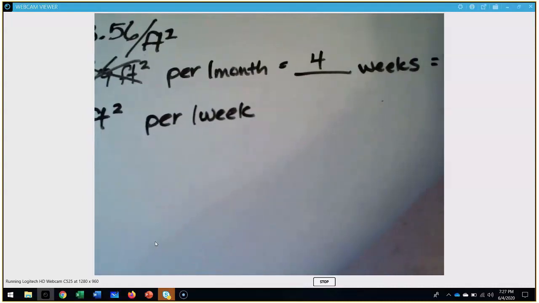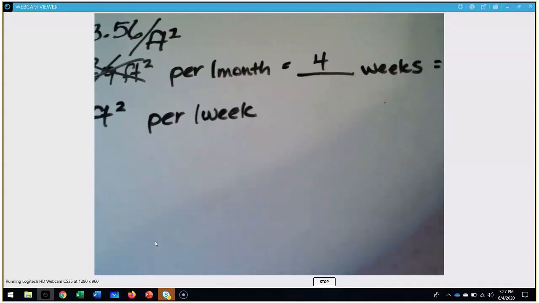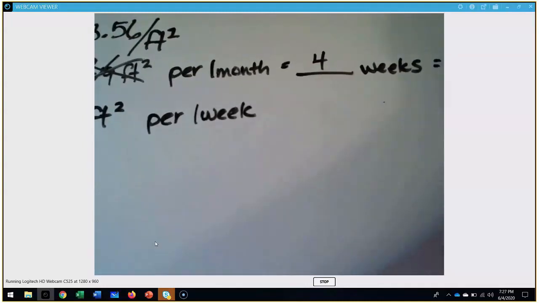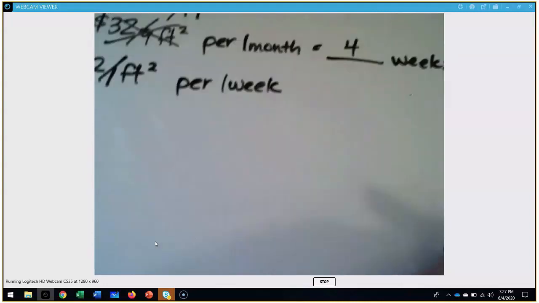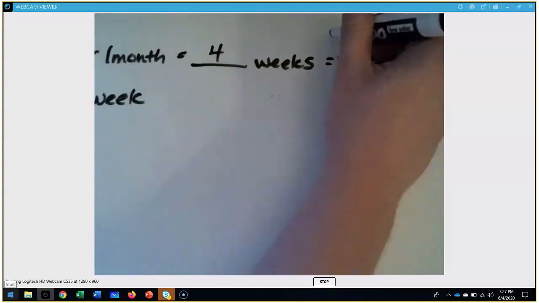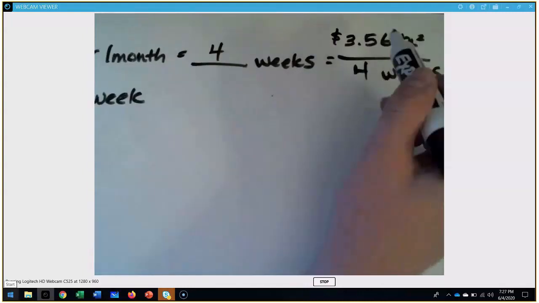Let me write it over here. $3.56 per square foot per 4 weeks. Move this over. You can see what I'm doing. I'm changing this to a unit rate again.